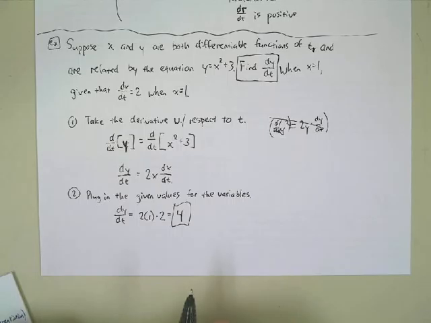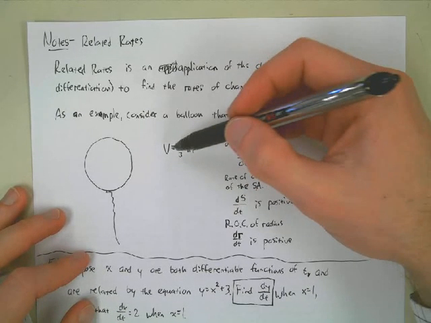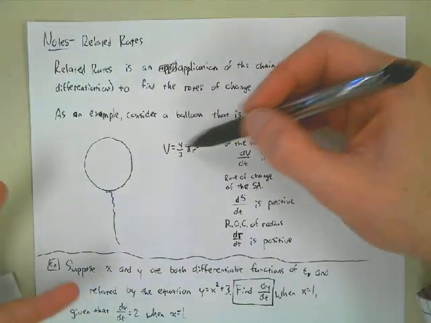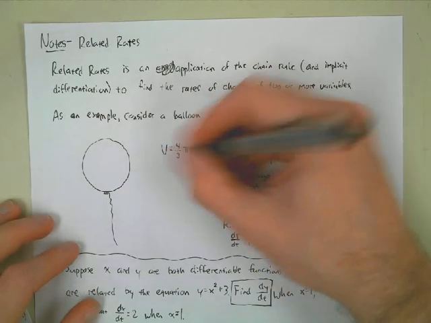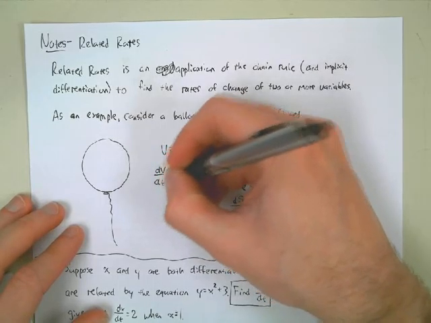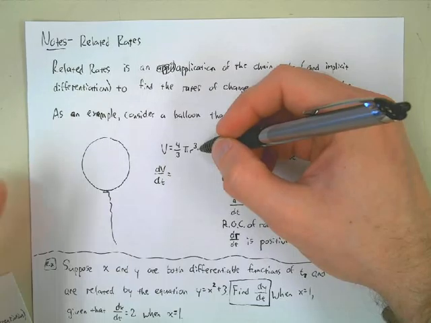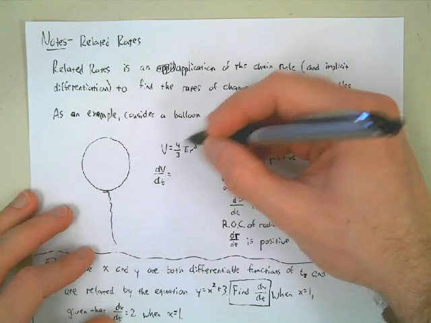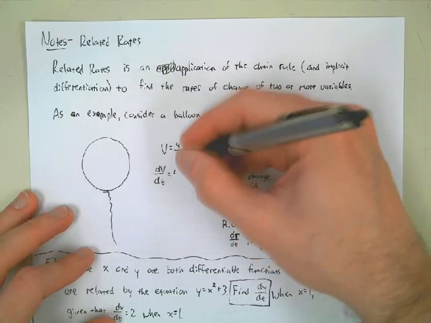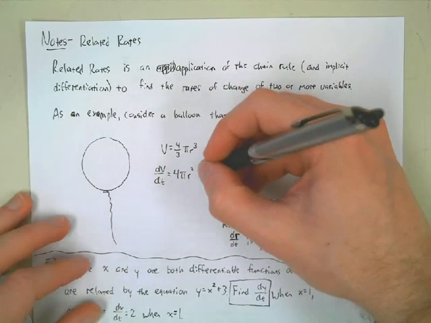So a balloon, well, you can imagine here, instead of x's and y's, I've got v's and r's as my variables. So I would take the derivative of this. The derivative of v with respect to time is dv/dt. And then the derivative of 4/3 pi r cubed with respect to time, well, the 3 would go out front, so 3 times 4/3 is just 4 pi r squared, times dr/dt.